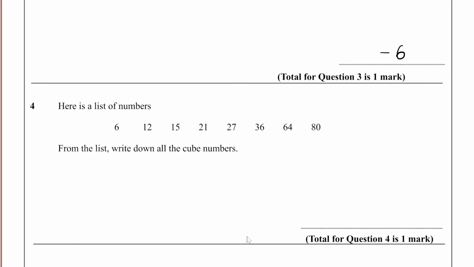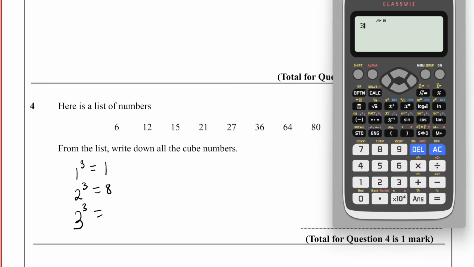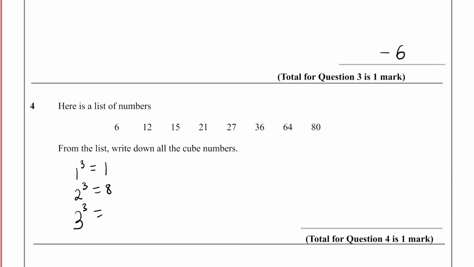And question 4, here is a list of numbers. From the list, write down all the cube numbers. The cube numbers are 1 cubed, which is 1, 2 cubed, which is 8, 3 cubed, and if you want to use the calculator, you can. Right, 3 cubed, we get 27.